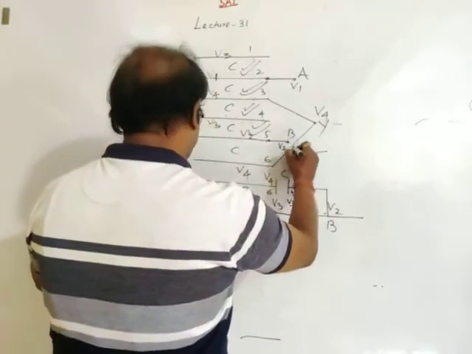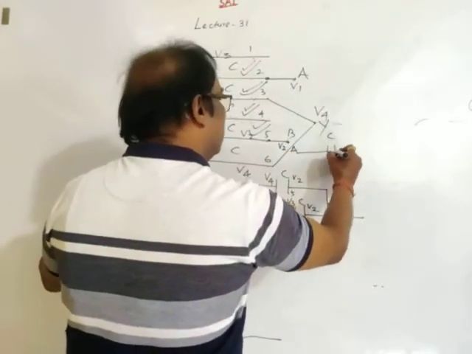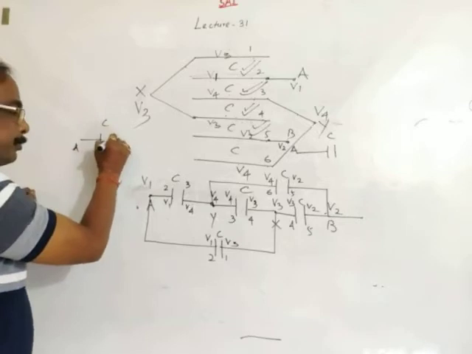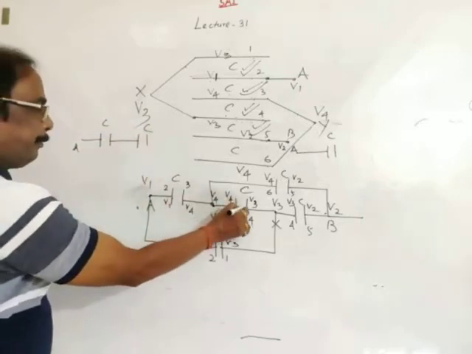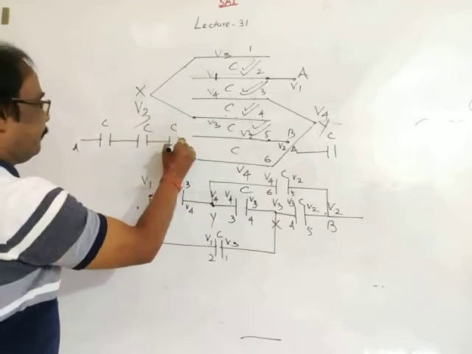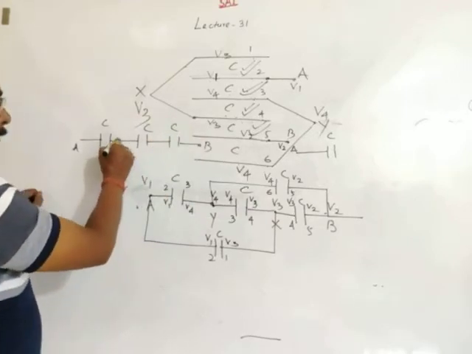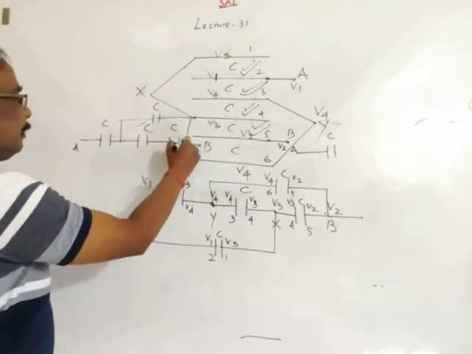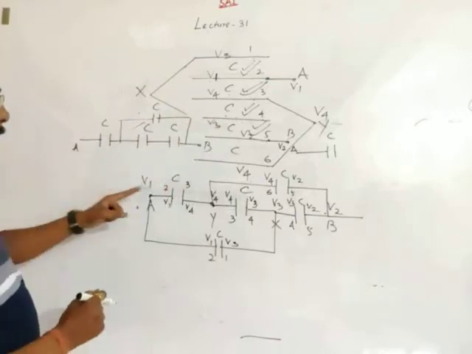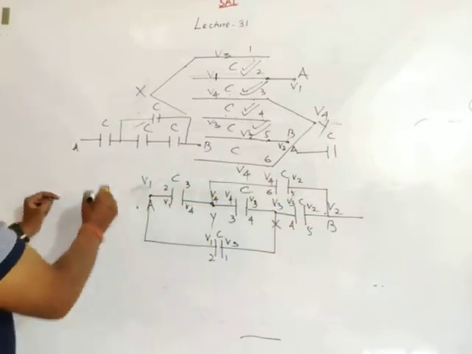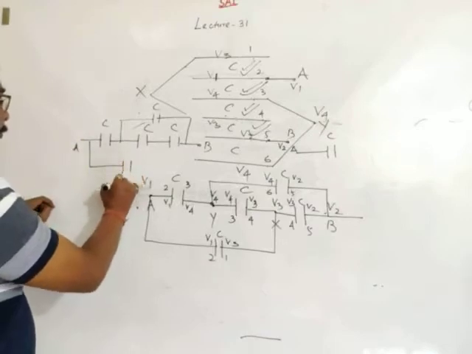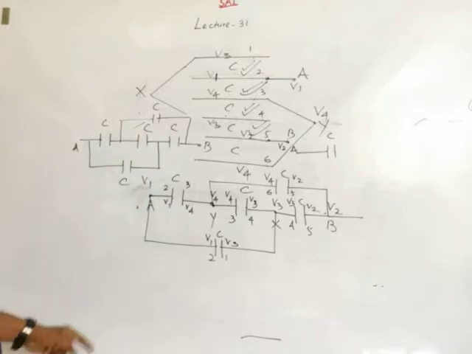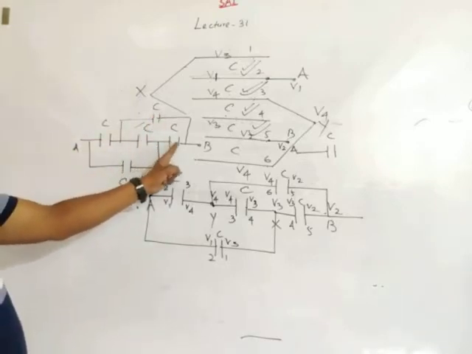See, this capacitance is C. Starting from A, this is C, this is C, this is C, then this is B. Then this capacitance is C, and this capacitance is C, like this. See, C by C is equal to C by C.